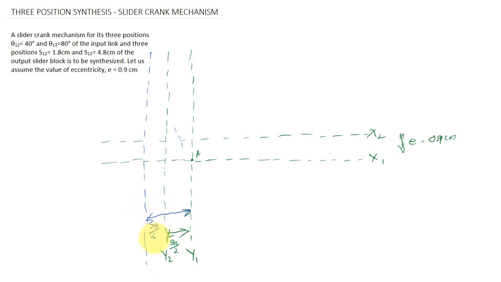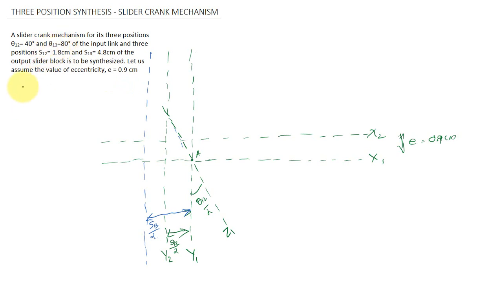Next you are going to mark the angular positions of the input link. So here you are going to mark the angular position such that this angle is equal to theta 12 by 2, line z1. So this line is z1 and this angle is equal to theta 12 by 2. After that you have to mark angle theta 13 by 2.